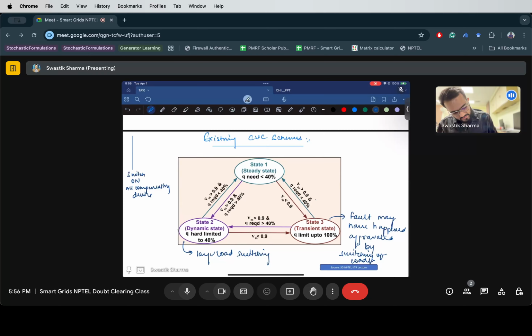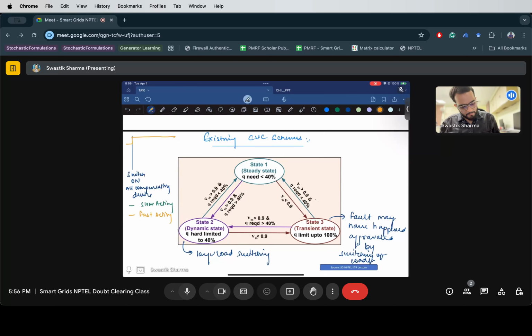The slow acting devices are represented in green, and we have orange for fast acting. When you do that, the fast acting devices will turn on immediately, right?